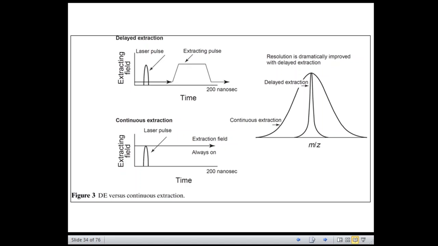So this increases the resolution as well as accuracy of the mass analyzer. Is that clear? You can see in the graph, for delayed extraction, a sharp peak. For continuous extraction, it's a bell-shaped curve. By this graph itself, we can understand how good the resolution is with delayed extraction in comparison to continuous extraction. It increases the resolution and accuracy.